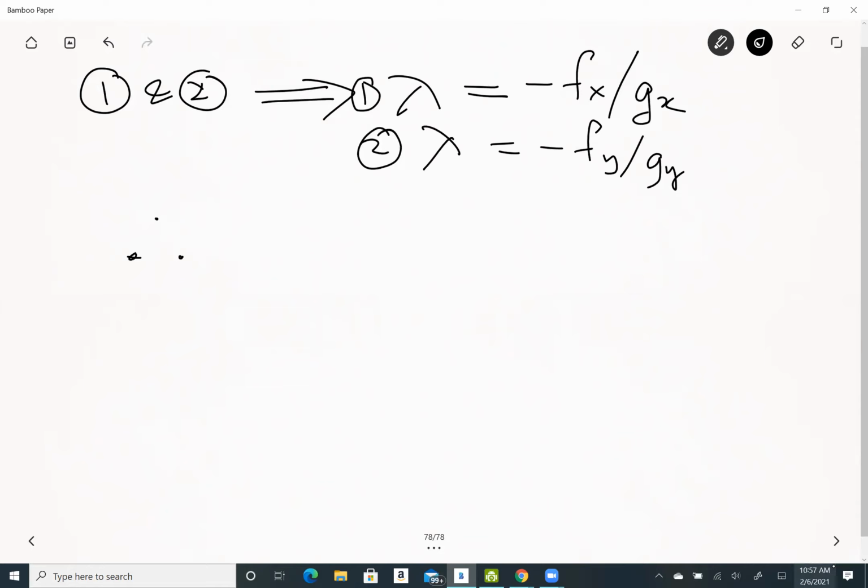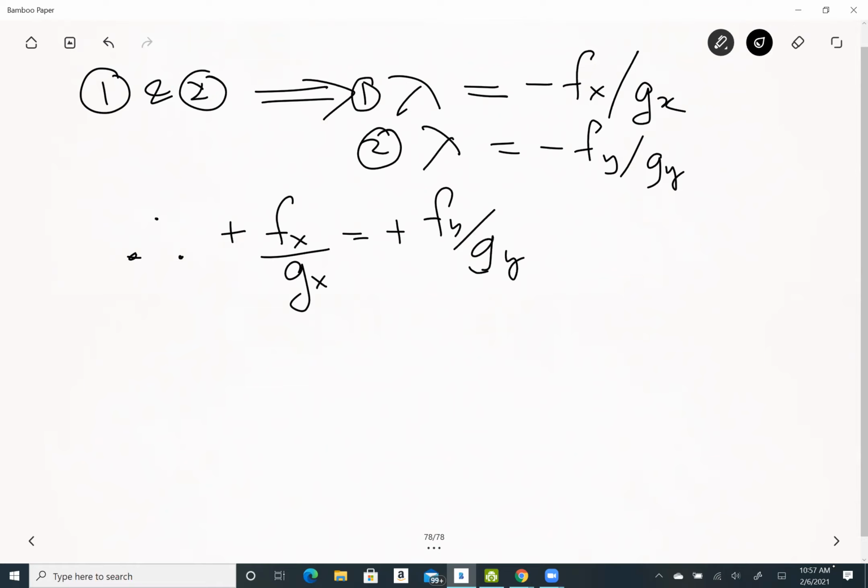So therefore, negative fx over gx is equal to negative fy over gy. Negative and negative become positive. So now, by equating this, lambda is gone. You don't have lambda anymore. What you have is fx, gx, fy, gy.